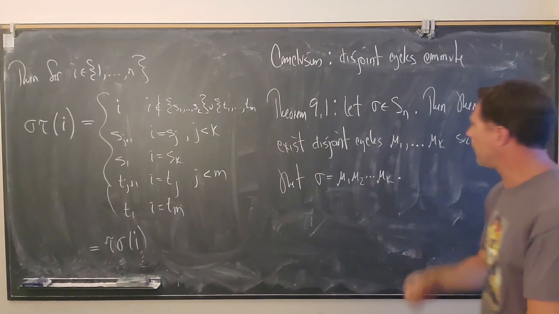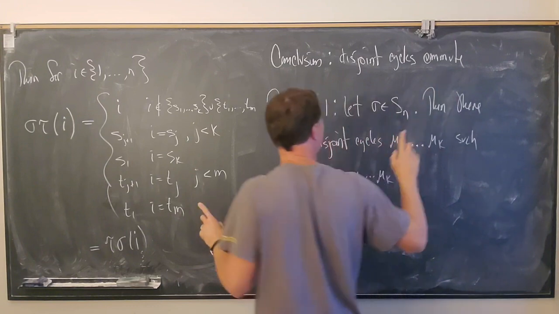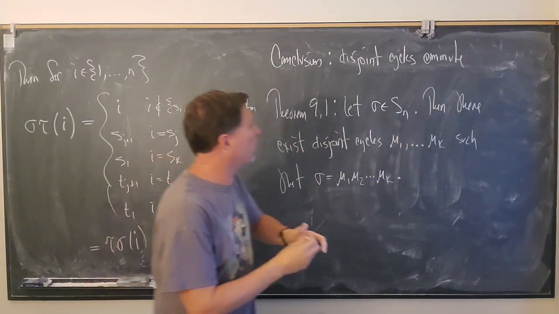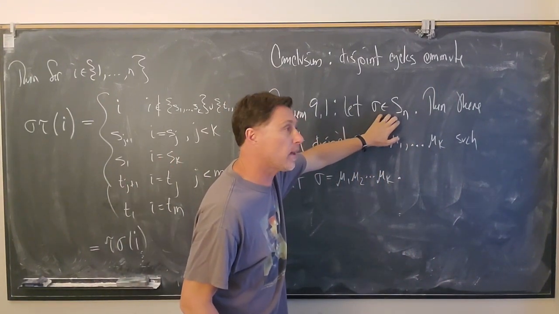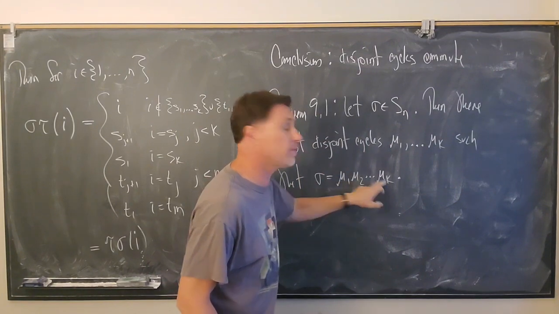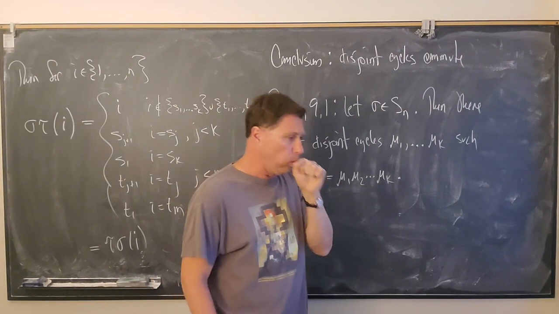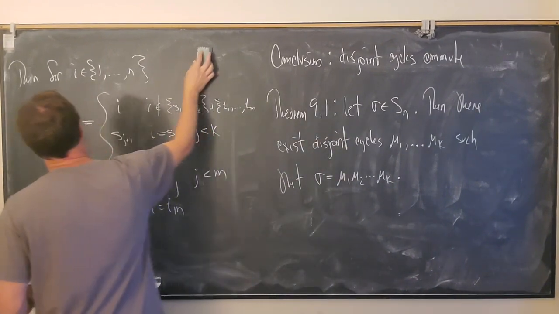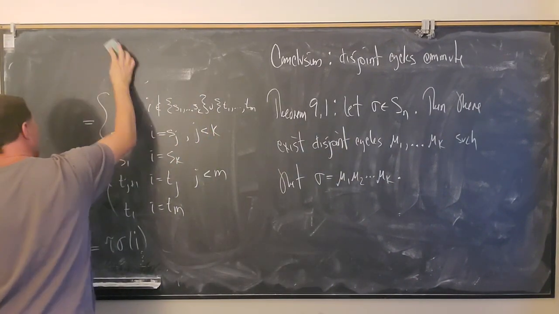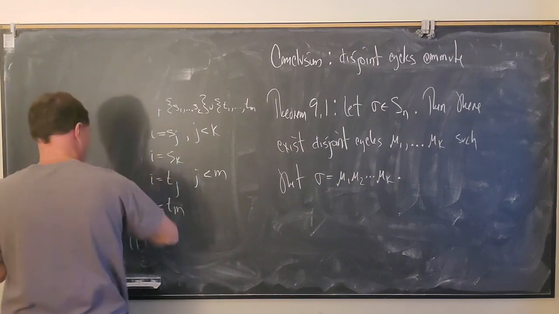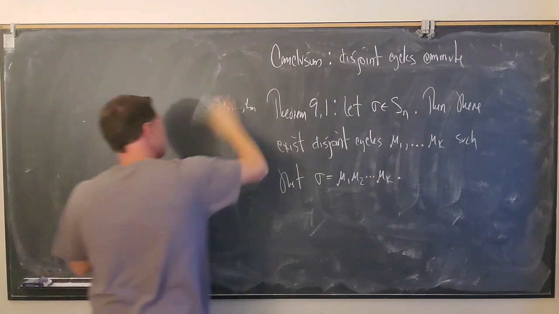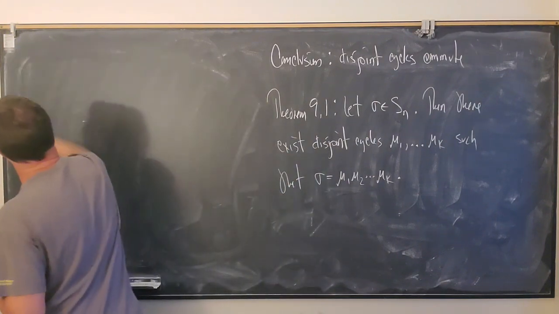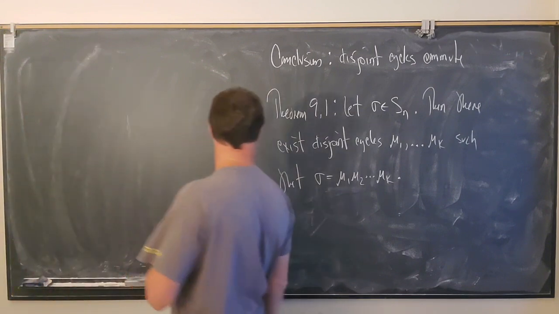So what is that saying? That's saying that every permutation, every element of S sub n, can be expressed as a product of disjoint cycles. That's nice. That gives us a way to use cycle notation to describe every single permutation in S sub n.